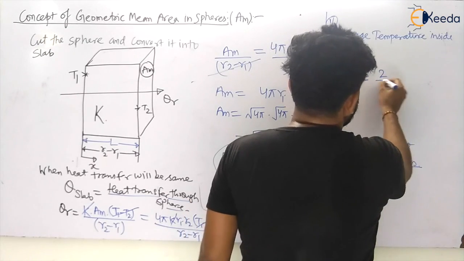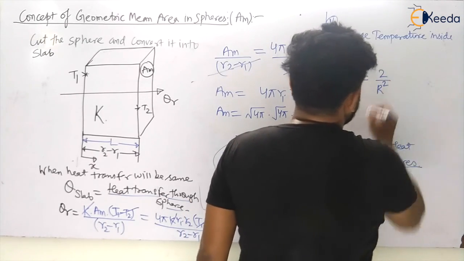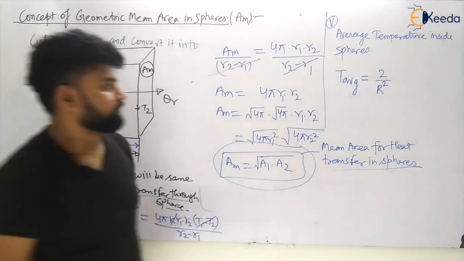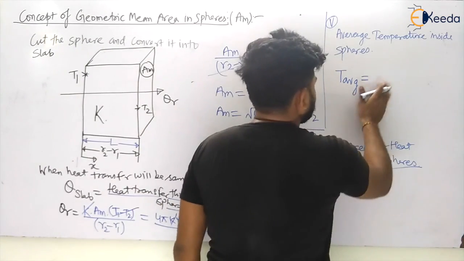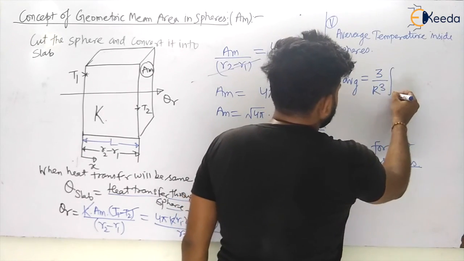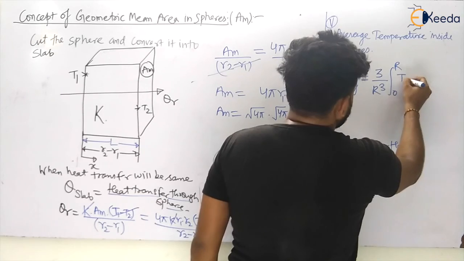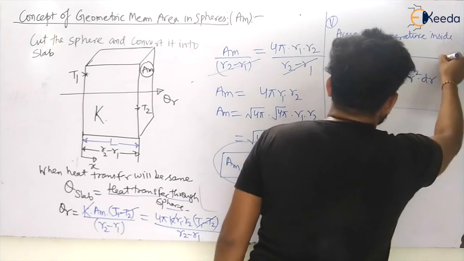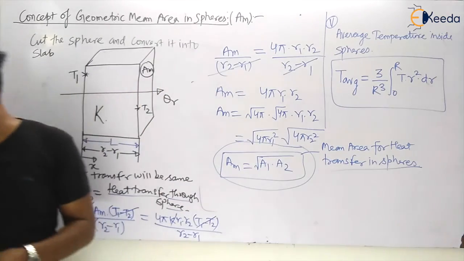3 by R cube, integral from 0 to R, T into R square dr. So you can easily calculate the average temperature by this equation.